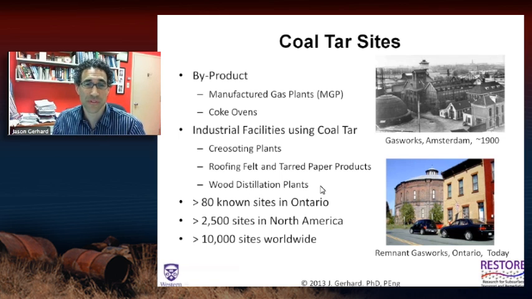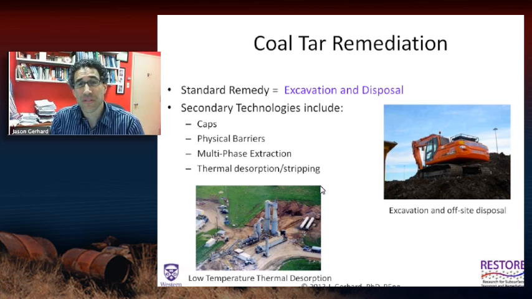throughout the industrialized world. So what do we do when we discover coal tar contamination? Well, there's very few remedies available right now. First of all, excavation and disposal, dig and dump, is the standard go-to technology. As you know, there's a lot of concerns about dig and dump. It brings toxic materials to the surface. It involves a lot of truckloads, which involves a lot of emissions of CO2, a lot of energy use.